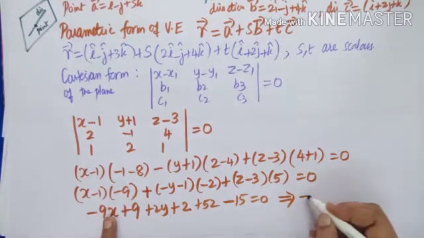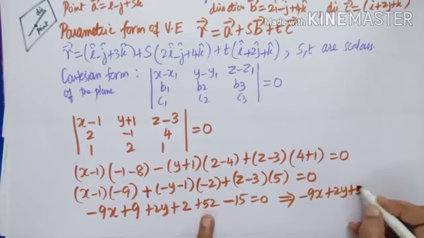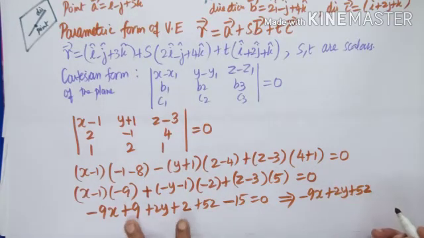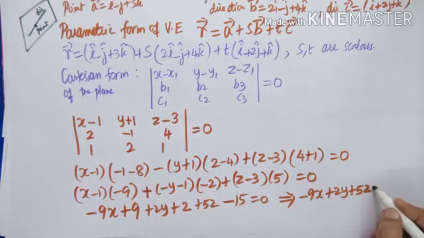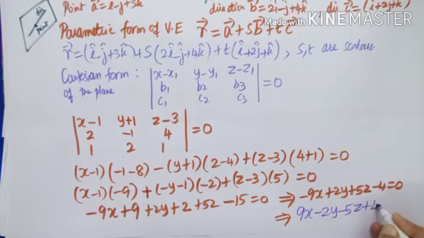Simplifying the answer, minus 9x plus 2y plus 5z. Simplifying these numbers, 11 minus 15, that is minus 4 equal to 0. We try to keep x to be positive. So the answer is 9x minus 2y minus 5z plus 4 equals to 0.